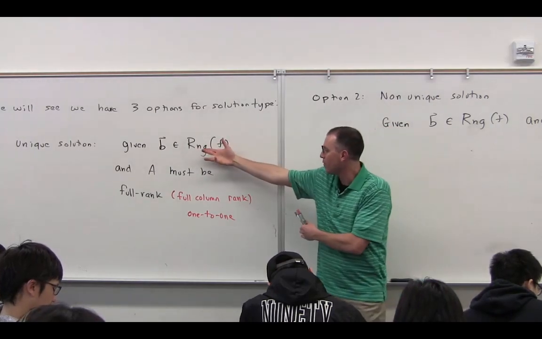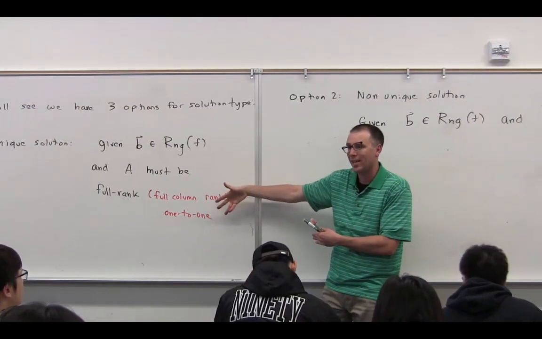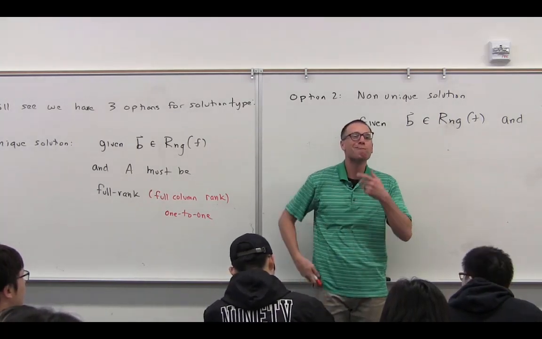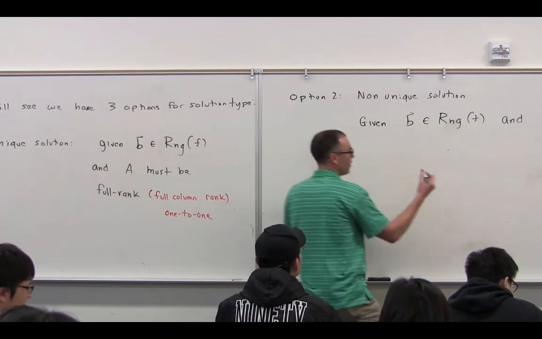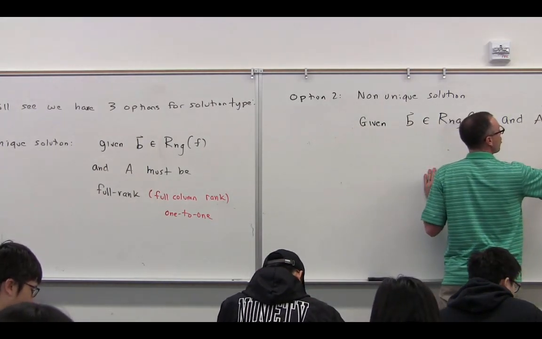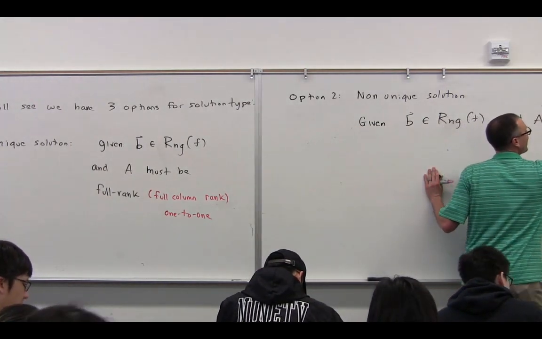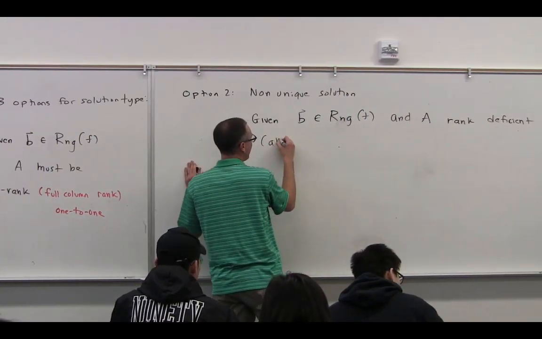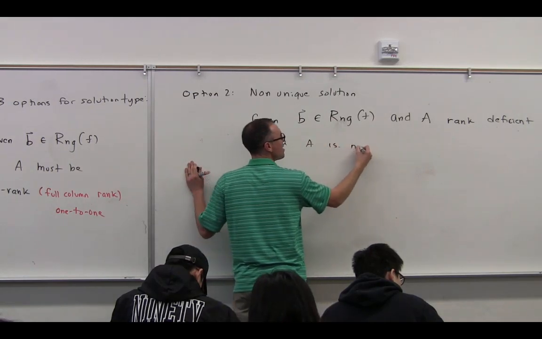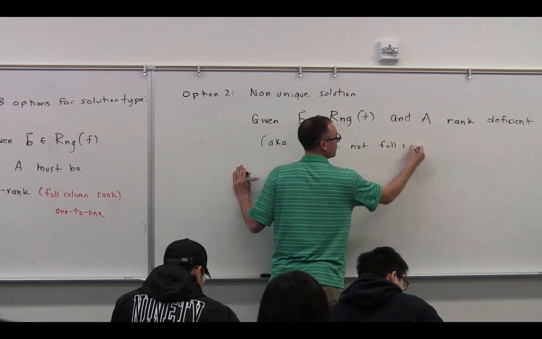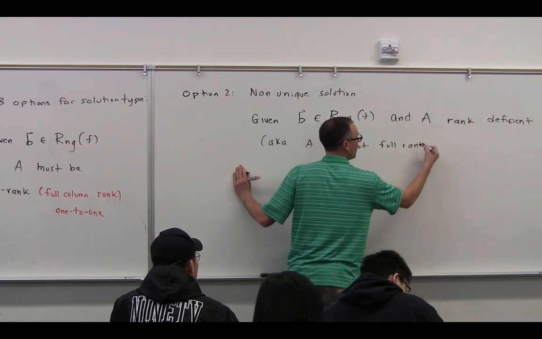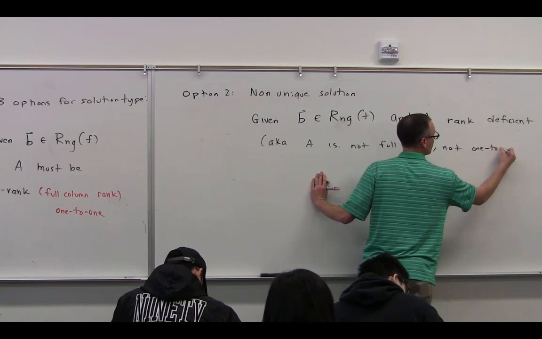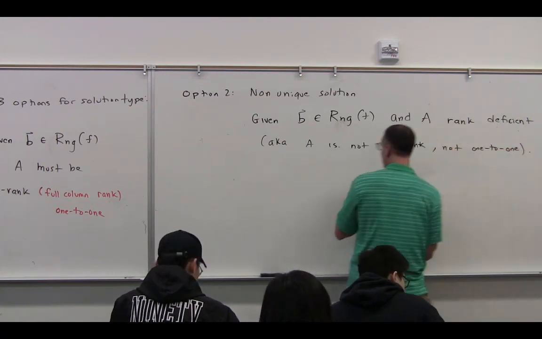We have a unique solution if the thing is called full rank. When would it be non-unique? I need a pipe and a beard. Yeah. And A, what we call rank deficient. AKA, A is not full rank. And as my friend Joe said, what does that mean? Not 1 to 1. Okay?